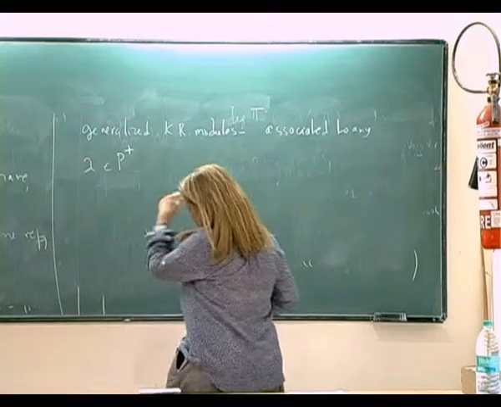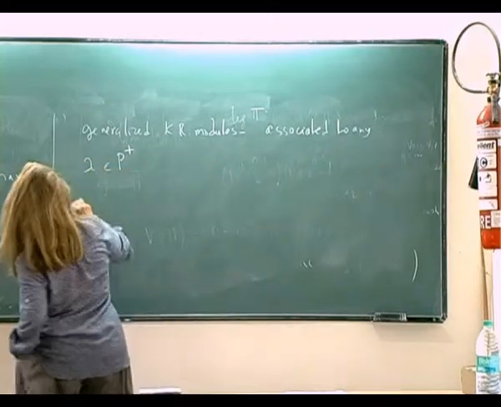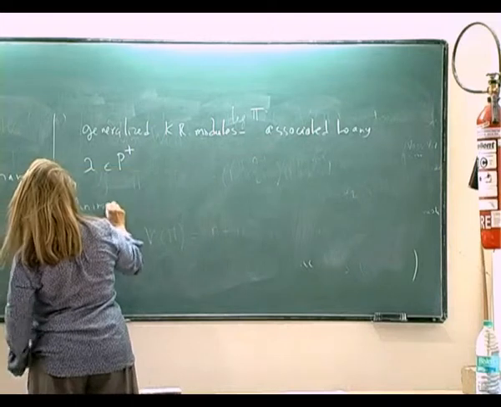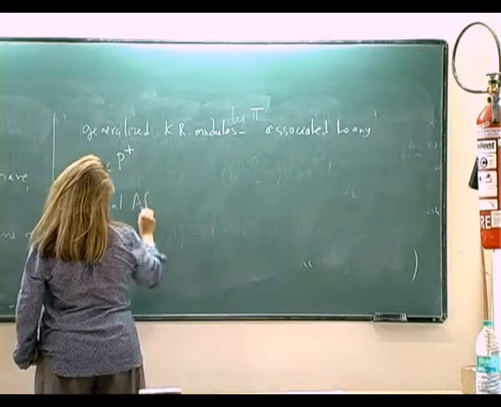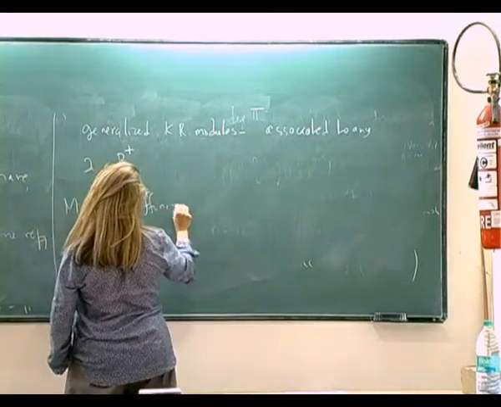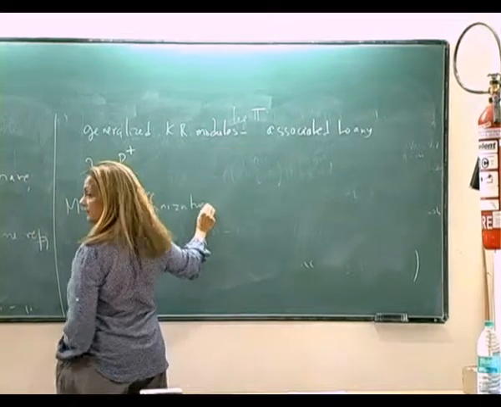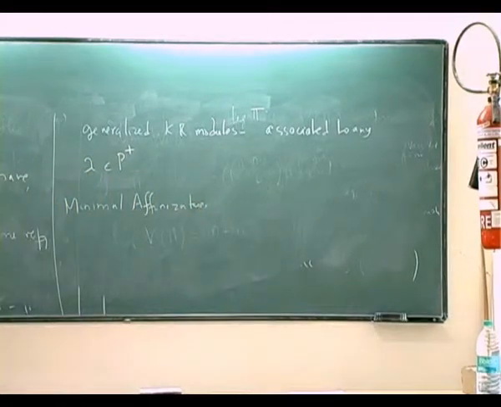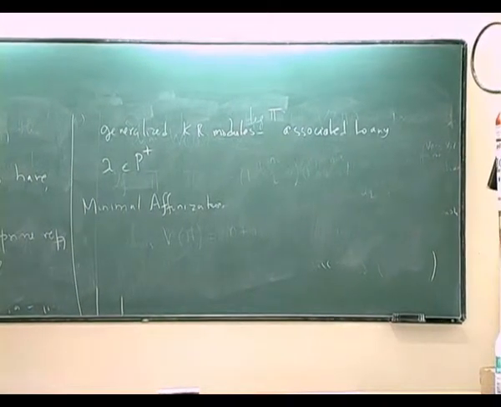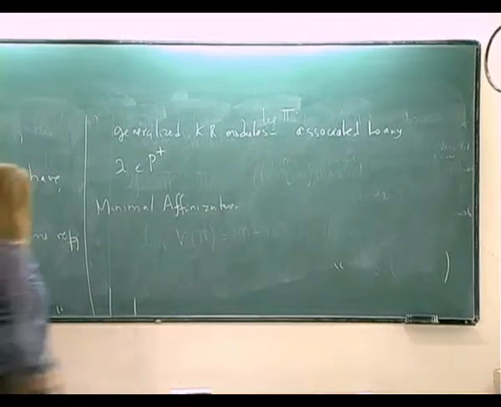But these are actually called minimal affinizations. Sorry, say that again? Is this your definition of Kirillov-Reshetikhin? Yeah. The modules associated to such are called that. Yeah. So now I want minimal affinizations.